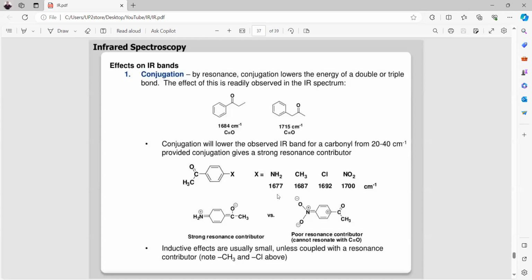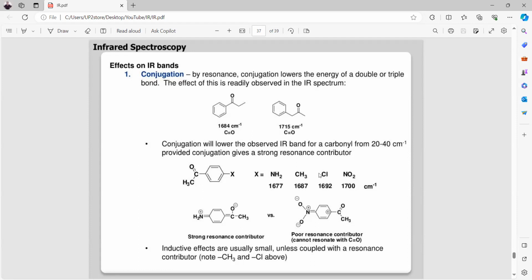Also, if we have a different X, like NH2, CH3, Cl, NO2, we have different absorbance, a different wave number. If we have NH2, the carbonyl group absorbs at 1677. Methyl absorbs around 1687.